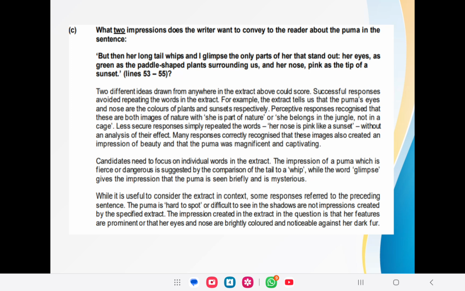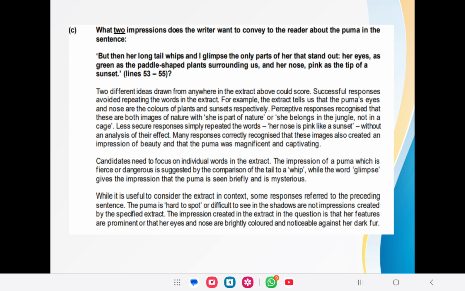That's all for now, and we are done with the impression question. And the final thing about the impression question is that in that extract, sometimes five to six impressions are available.